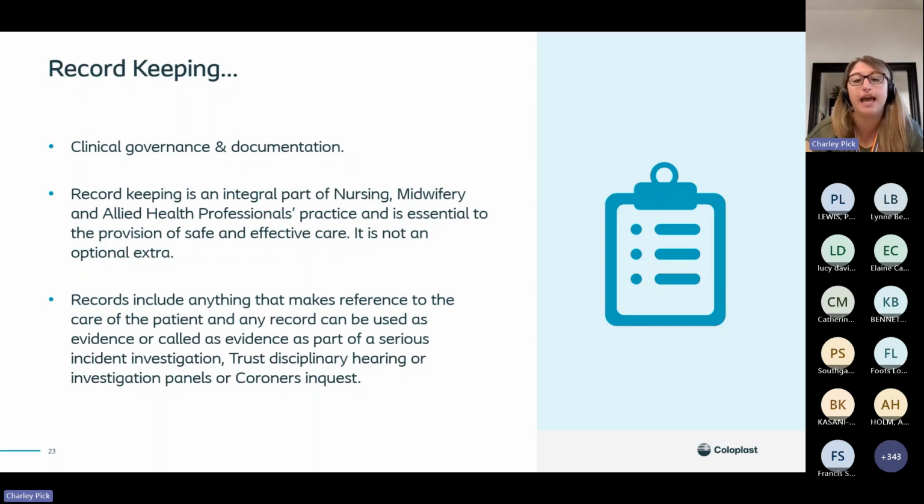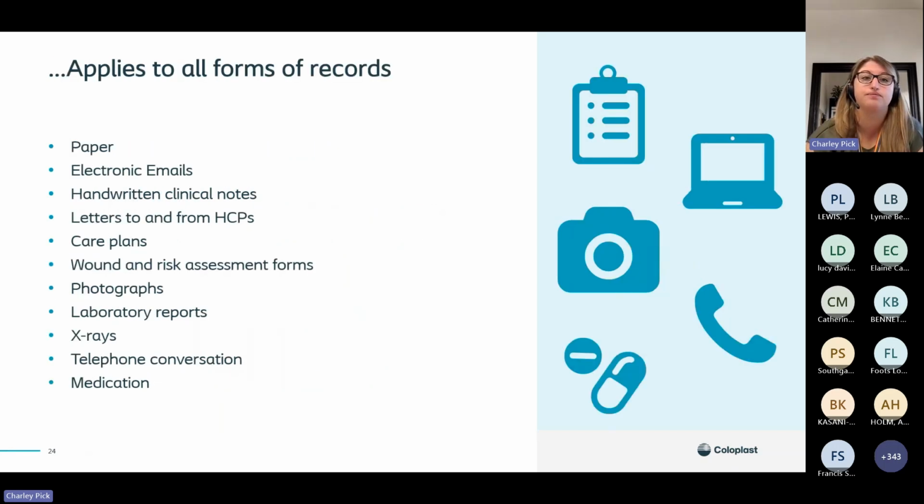Now, records can include anything that makes reference to the care of the patient, and any record can be used as evidence or called as evidence as part of a serious investigation. It can be part of a trust disciplinary hearing or part of a coroner's inquest. So any documentation that you make can be called as evidence. And that applies to all forms of record keeping.